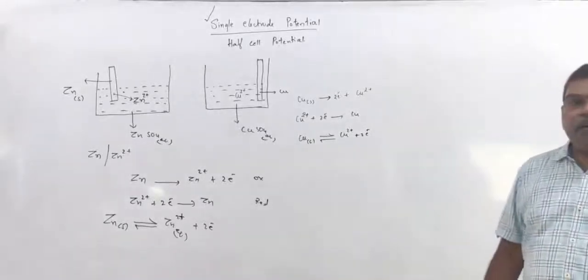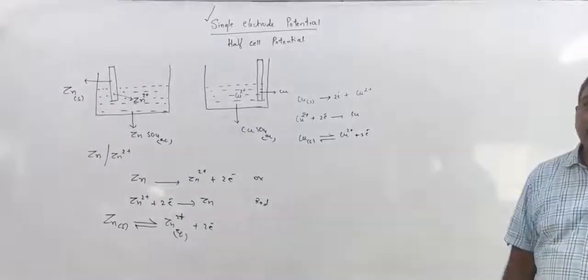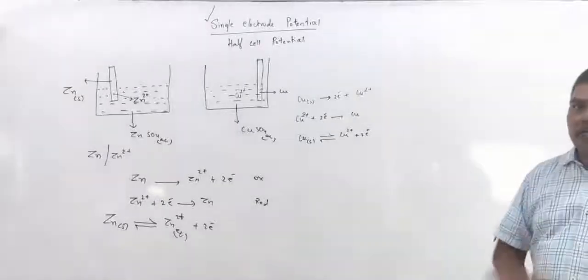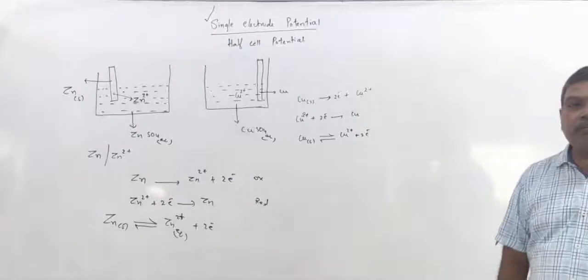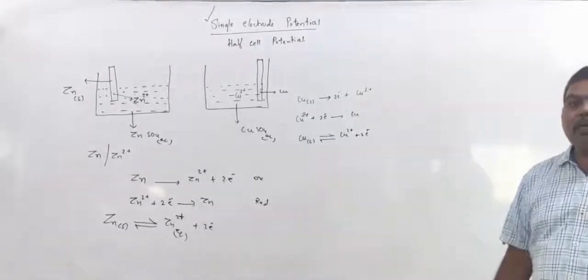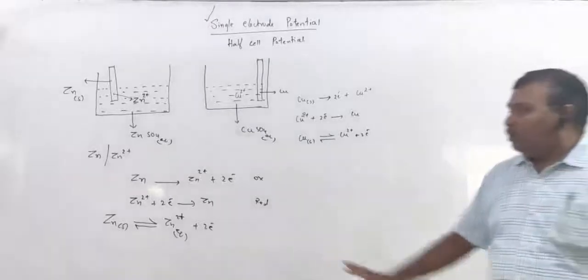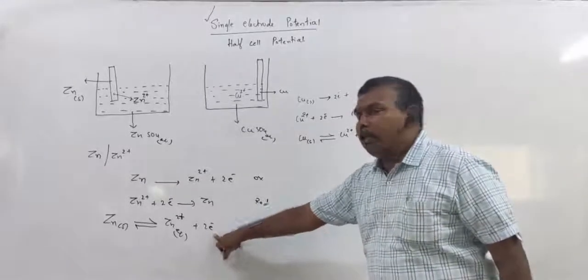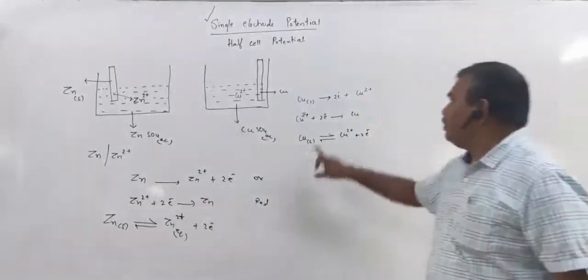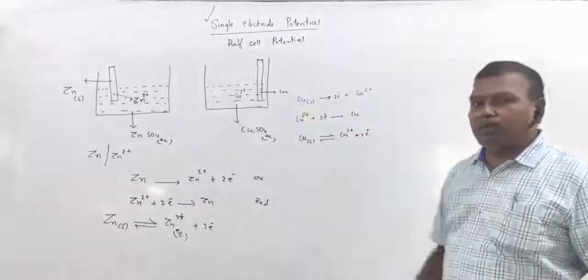Now, Zn dipped in ZnSO4 is a half cell, and copper dipped in copper sulfate solution is a half cell, because they are in contact with their own ions. So this is the equation at the zinc half cell. It is the equation at the copper half cell.